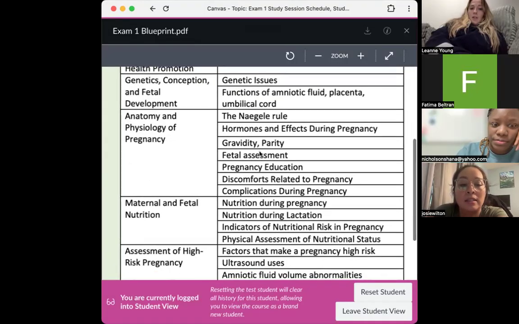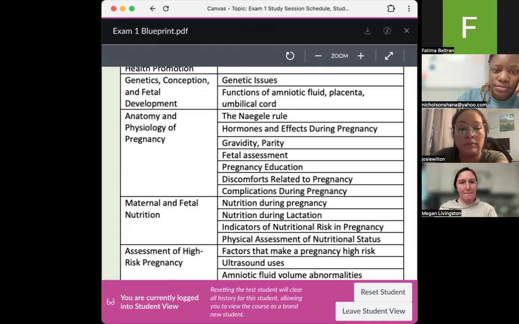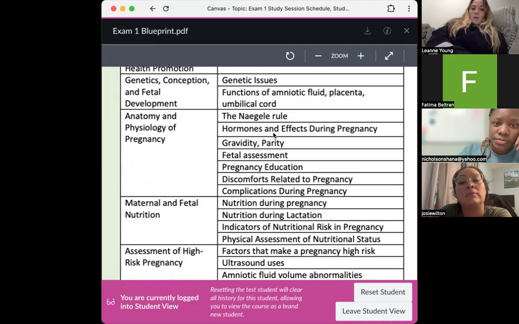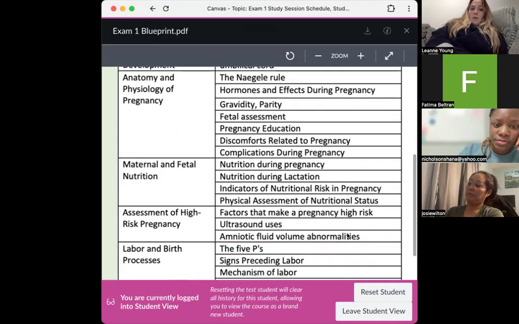Genetic issues, we talked about the alpha fetoprotein. If it's elevated, that's a neural tube defect indicator. If it's low, that's for Down syndrome. We talked extensively in our Kahoot game about the functions of amniotic fluid, placenta, and umbilical cord. Definitely know that. We went over Nagel's rule.